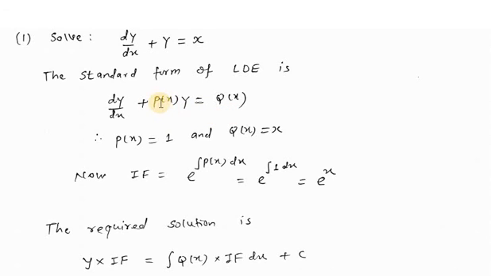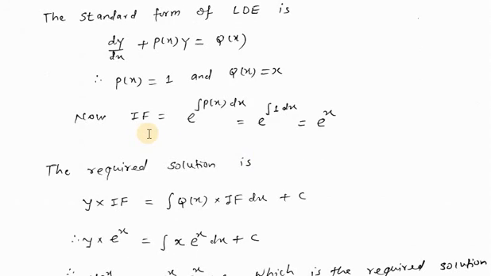So by comparison, we have p of x equals to 1 and q of x equals to x. So first of all, we will find out IF, that is integrating factor, that is equals to e raised to integration p of x dx, and this is equals to e raised to integration 1 dx. Now integration of 1 with respect to x, answer is x. So IF is e raised to x.